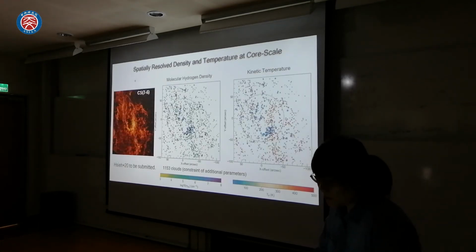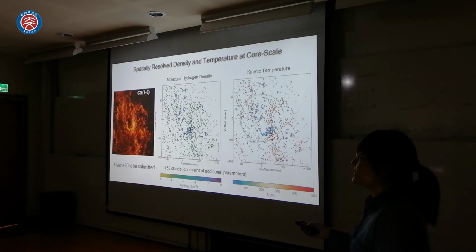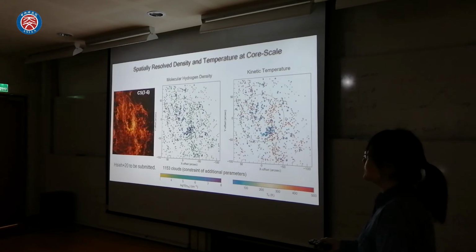Okay. So after getting the individual microcloud catalog of 5 transitions, we are able to calculate the density and temperature using the radiative transfer code. And this is the result. The color represents the log scale of gas density, and in the right panel, the color represents the temperature of the gas.